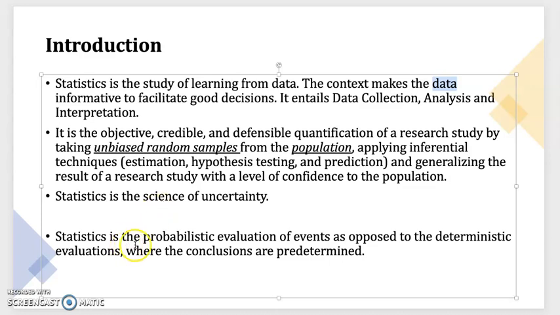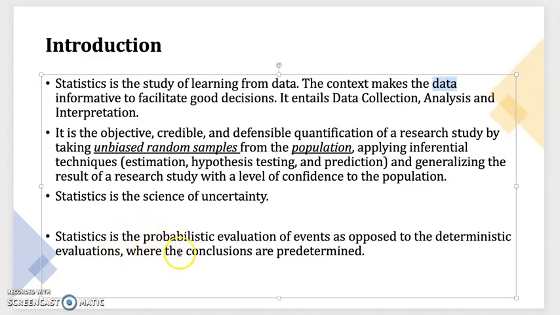Statistics is also a probabilistic evaluation of events, as opposed to deterministic evaluation, where the conclusions are predetermined. So statistics is sometimes based on probability, and that's why we don't really know what will happen. We can only try to interpret the data, so we cannot determine anything yet.